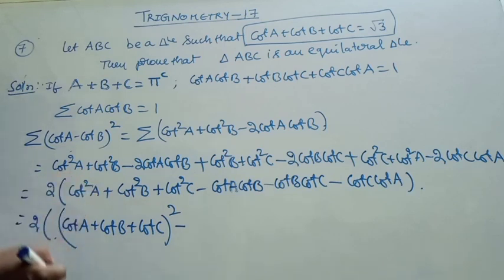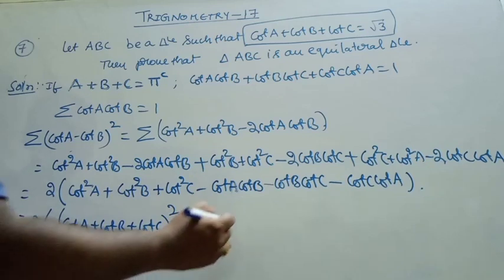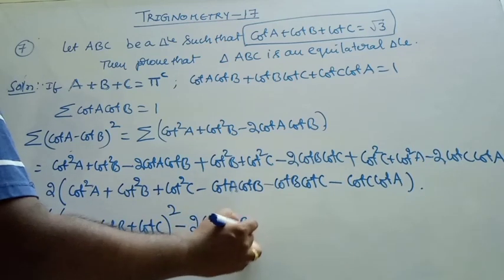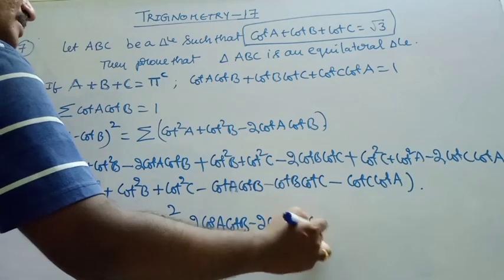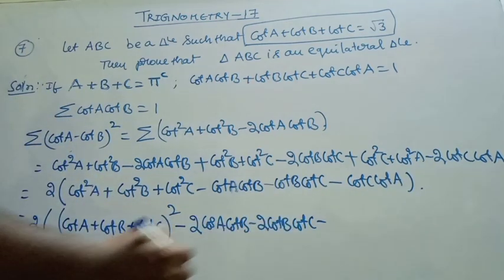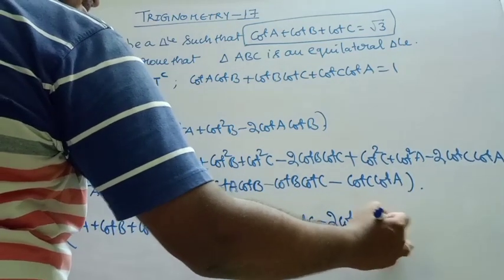(a plus b plus c) whole square minus 2ab, that means 2 cot A cot B minus 2 cot B cot C minus 2 cot C cot A, like this.